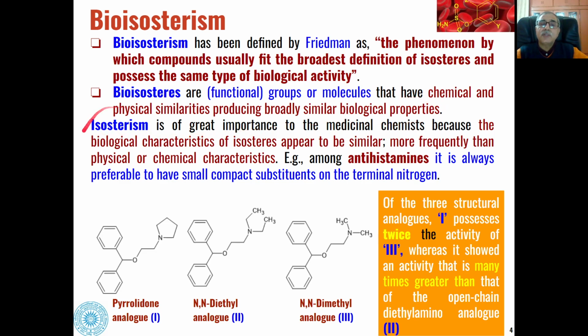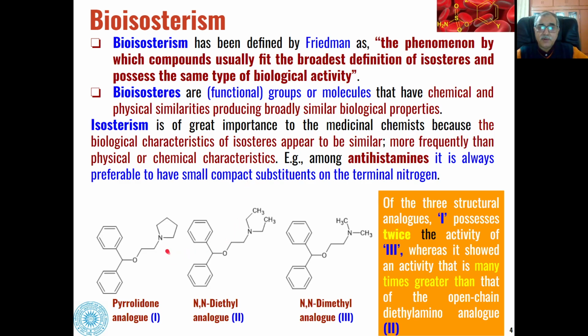So isosterism is very important to the medicinal chemist, because biological characteristics of isosteres appear to be similar, as I have already told you, more frequently than physical or chemical characteristics.